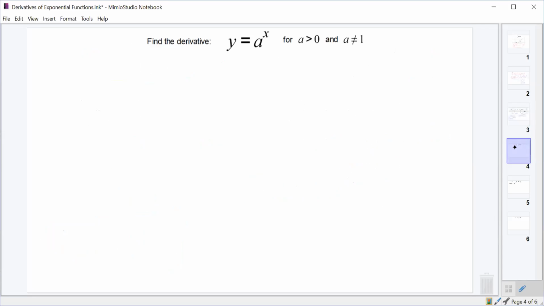What if it was a to the x instead of e to the x? Any thoughts on how we would do that? Wouldn't it just be a to the x because a is going to be a constant like e? Unfortunately, it doesn't work out that way.